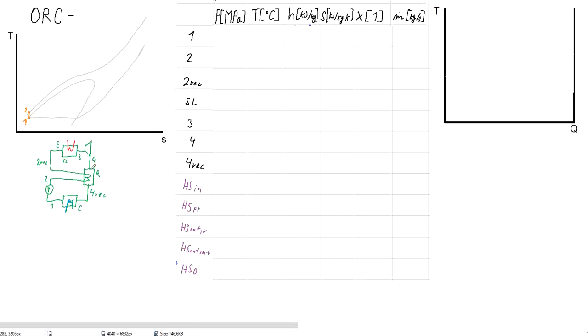Then eventually through the recuperator to the evaporator, but now there will be no evaporation that takes place, but at this selected pressure we will go to the temperature of 200 degrees C, which for the chosen pressure will be this point over here, point 3.